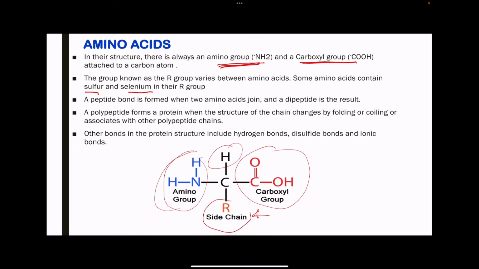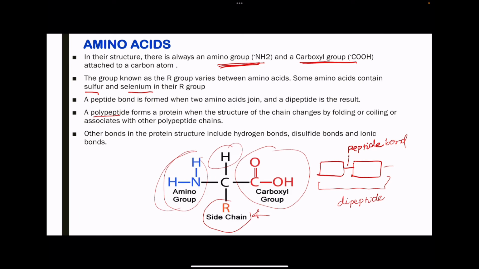A peptide bond is formed between 2 amino acids as they join, and the molecule formed is going to be a dipeptide. So one amino acid and the next amino acid form a peptide bond after the condensation reaction occurs, and this whole unit formed is going to be called a dipeptide. After water is lost in the condensation reaction, if many of these are connected together, then we can form a polypeptide.